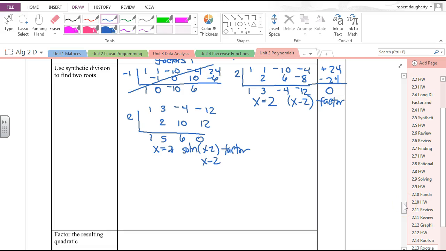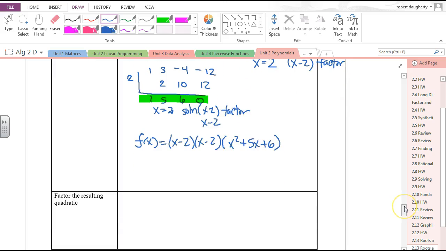So at this point, I know this polynomial is f of x equals x minus 2, x minus 2, and the way that I read this right here is x squared plus 5x plus 6. So I need to factor x squared plus 5x plus 6.